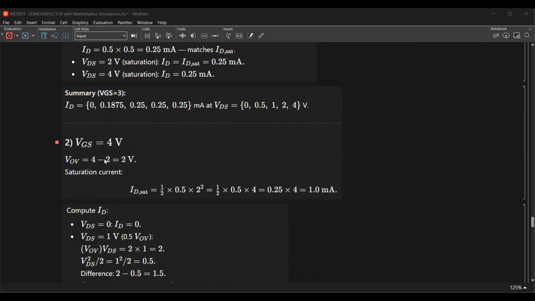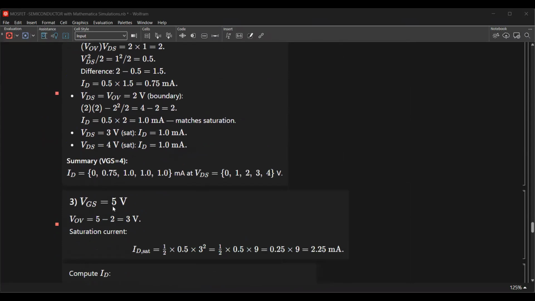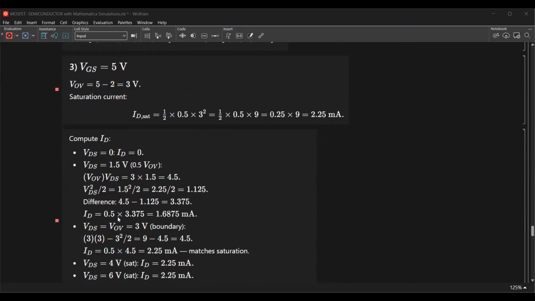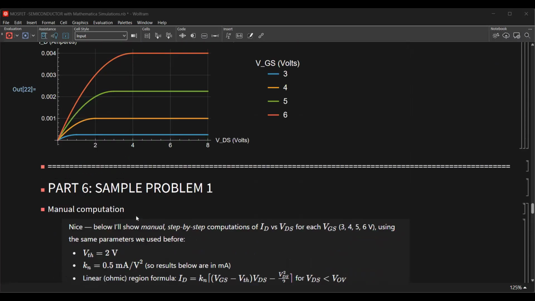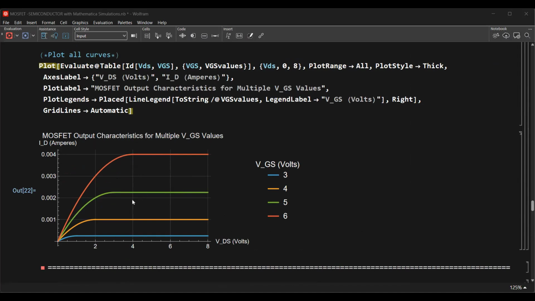Okay, for VGS equal to 5 here, for example, the boundary here is equal to 3. 3 corresponds to 2.25 milliampere for VGS equal to 5.